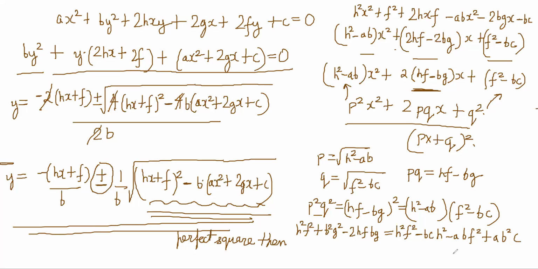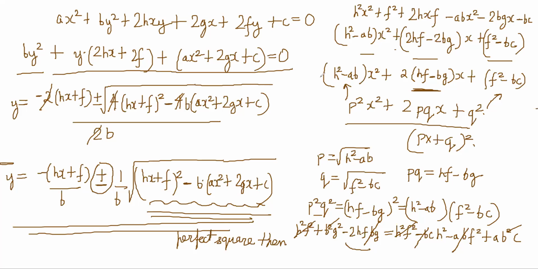H square f square gets cancelled. Now notice that every term has an extra b, so b you can cancel. It becomes bg square, this becomes 2fgh, this becomes ch square, this becomes af square, this becomes abc. Now bring everything on one side.